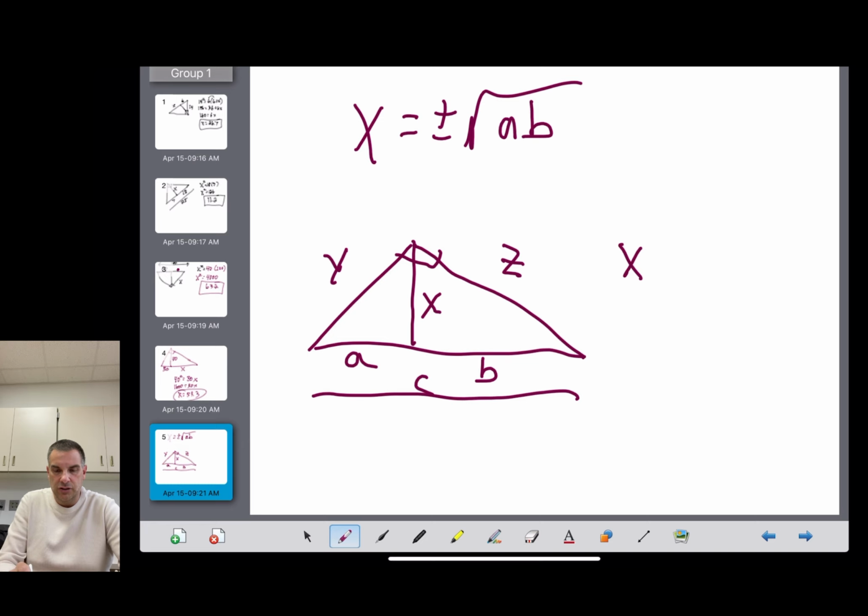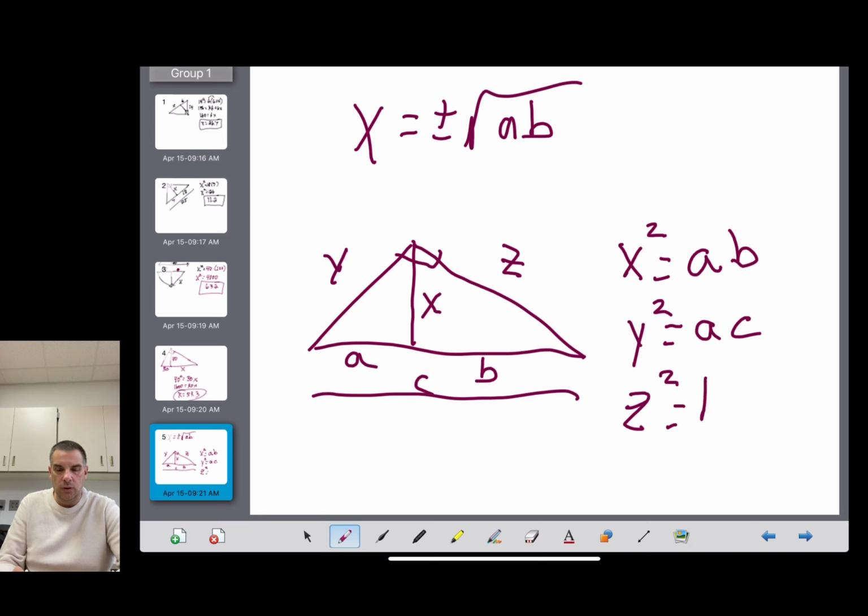Remember that your altitude squared is equal to segment times segment. Your leg squared, in this case y, is equal to the part that's connected to it times the whole. And z squared is going to equal the part that it's connected to times the whole. And this will allow you to find the different pieces of right triangles that are drawn by an altitude.